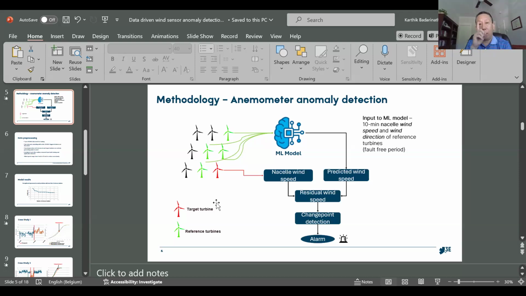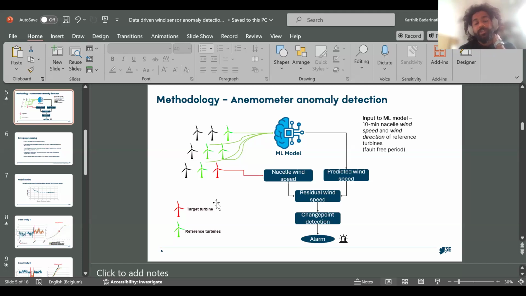Do you assume there is always only one turbine with a sensor measurement problem at a time? What if more than one has problems simultaneously? Yeah, as I said, it works on a fleet level, for example with wind direction and wind speed.